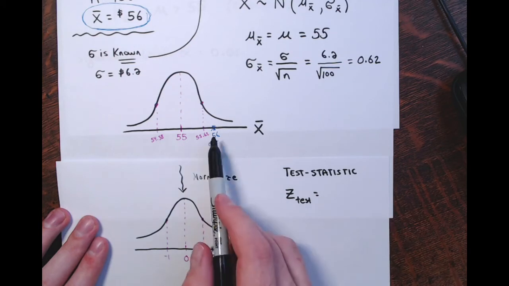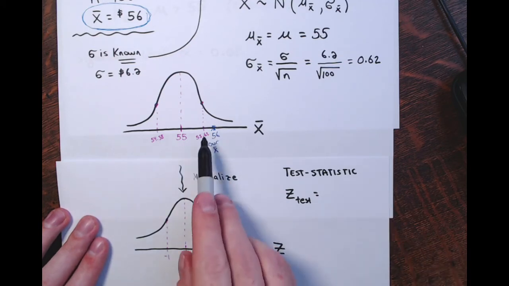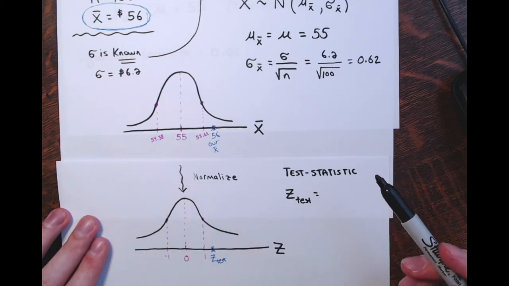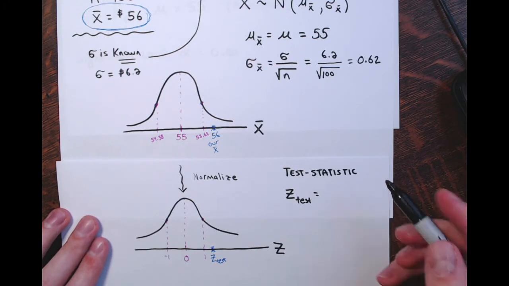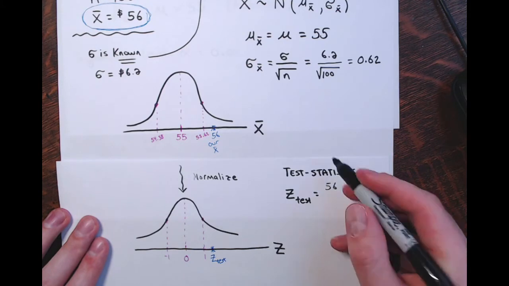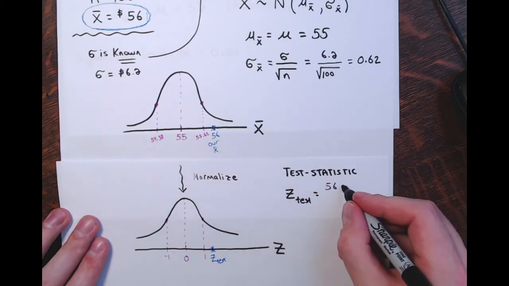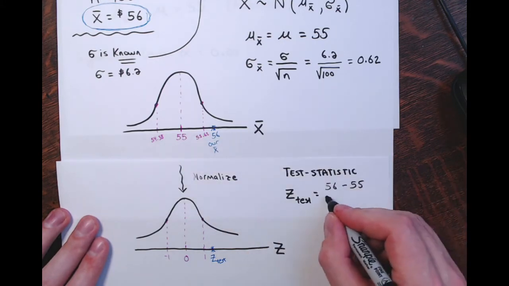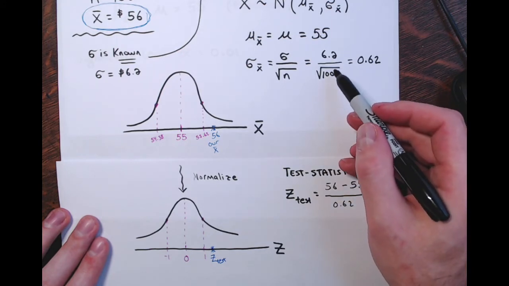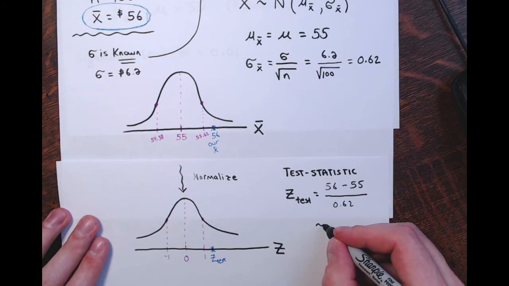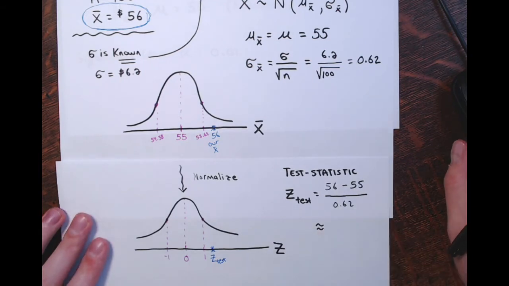And this is just the z-score for our sample mean, in the distribution of x bars, in the distribution of all sample means for samples of size 100. So I take 56, my sample mean, subtract the mean value, minus 55, divided by that standard deviation, 6.2 divided by the square root of 100, the 0.62 there. And I'll round this to 2 decimal places.